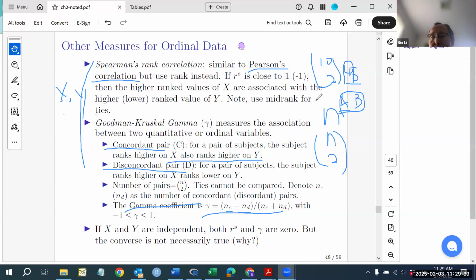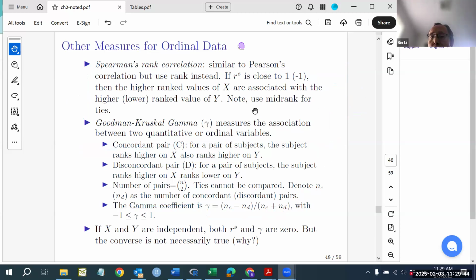So what does paired data structure mean? It means each observation has two measures, measure X and Y. So we have subject 1, subject 2, to subject N, and we have two measurements, X and Y, for each subject.